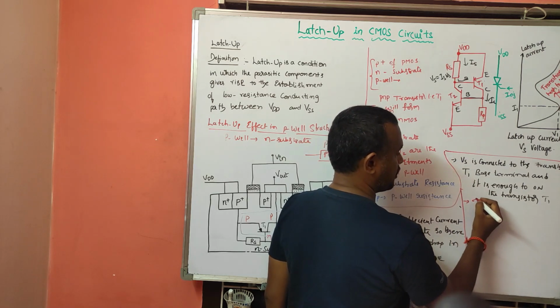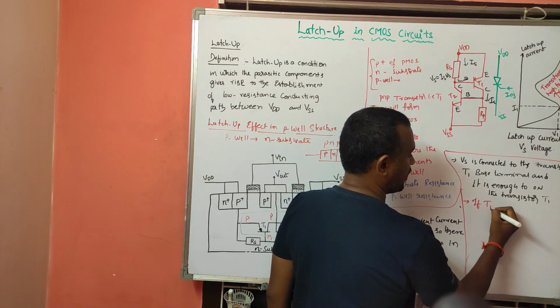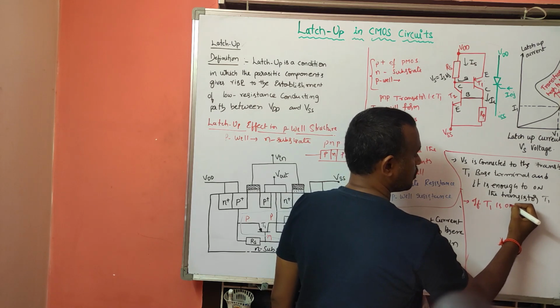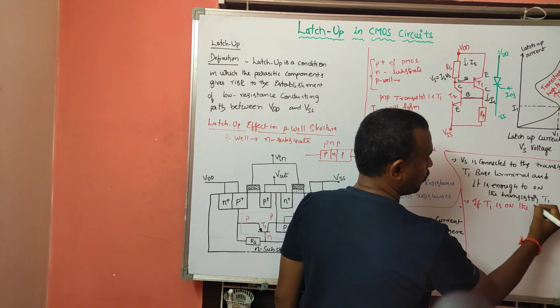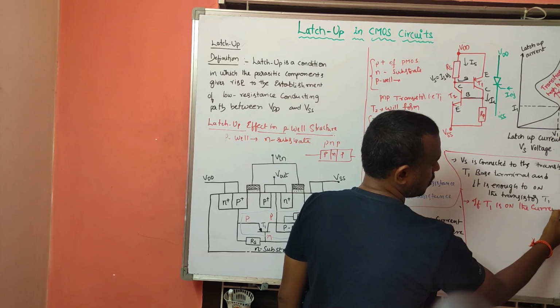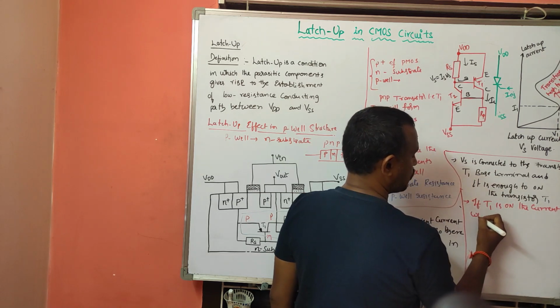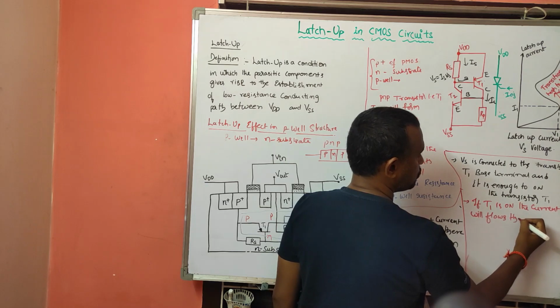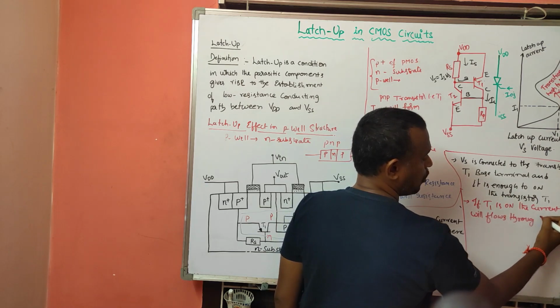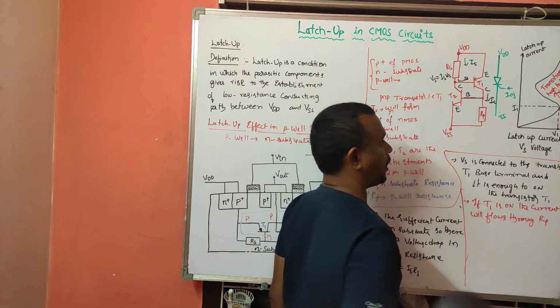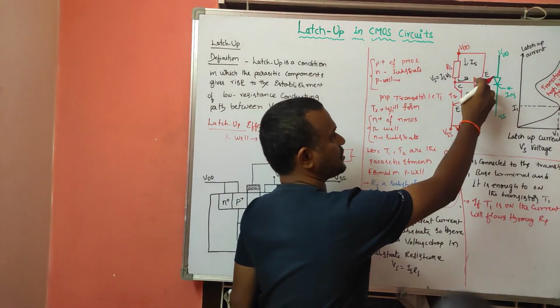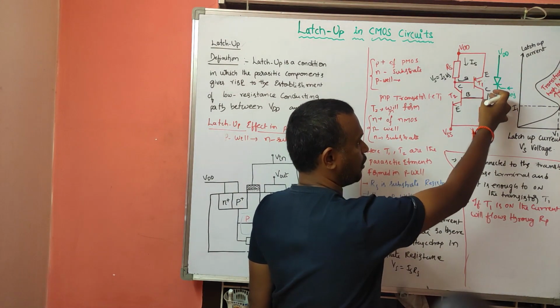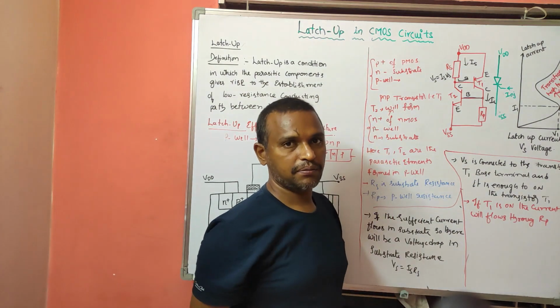The next condition is, if T1 is on, the current will flow through RP. If this transistor is on, more current will flow through the RP.